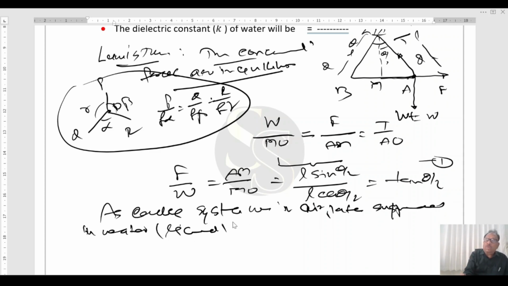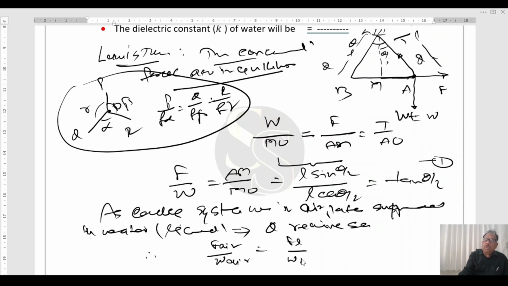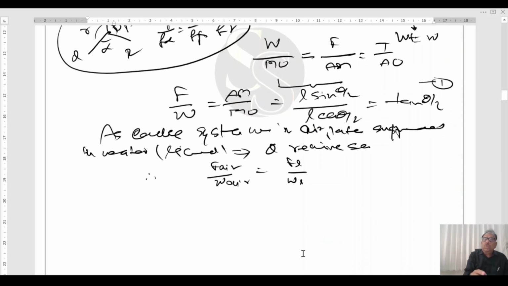Take it as a liquid. In that case, theta remains same. Therefore, F air over W air will be equal to F liquid over W liquid. This will be same. We are concluding from this one, right?